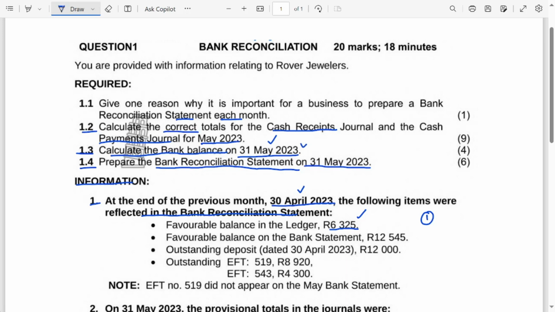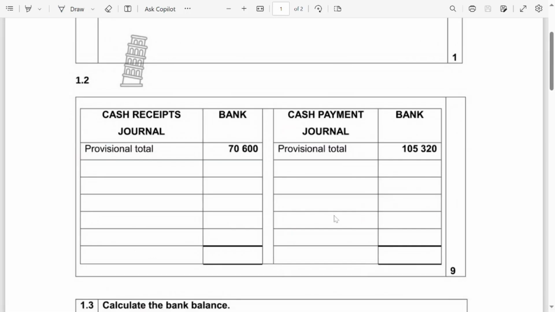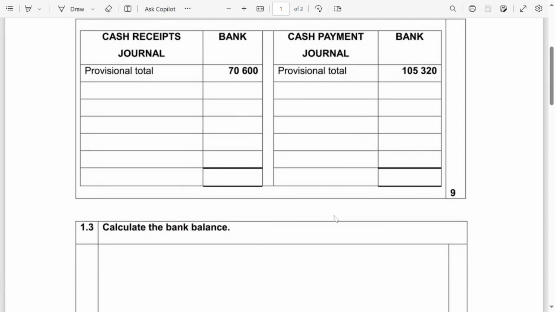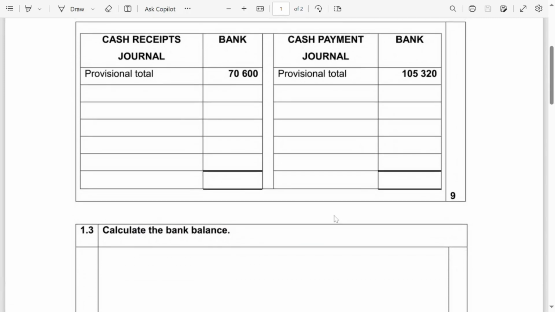So let's do it. 6,325. But note this: they did not say in 1.3 that we must prepare the bank account. They just said calculate the bank balance. So we're just going to do the calculations. It is 6,325.